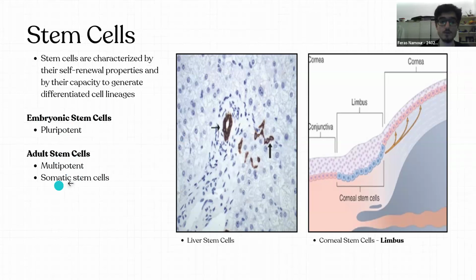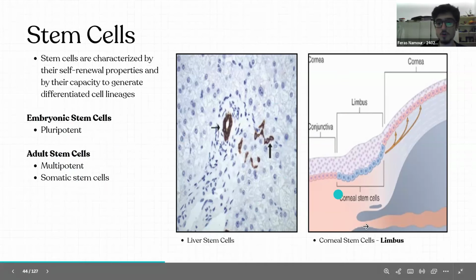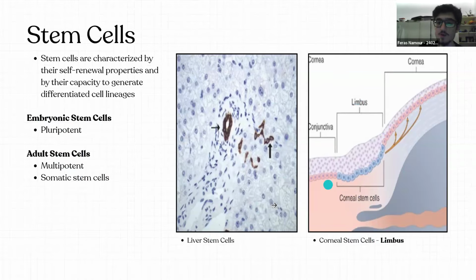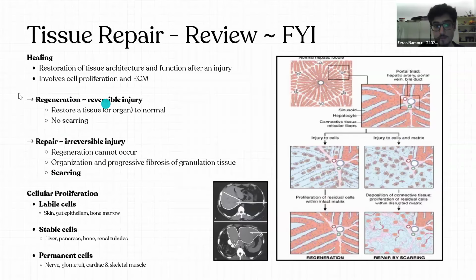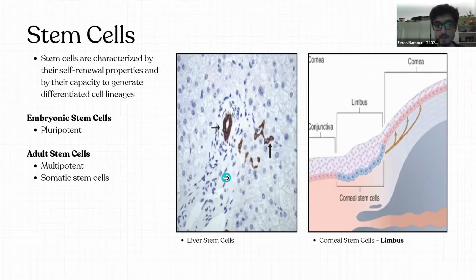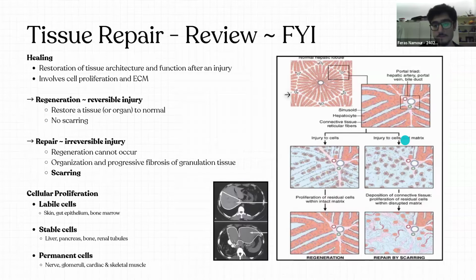We can call them somatic stem cells, and the examples you were given were two: liver stem cells and corneal stem cells. The question we got was an MCQ, I believe, and it was talking about the limbus. So just keep it in your mind. Maybe they show you an image. And for the liver, I really doubt they're going to ask it, but just keep it at the very back of your mind.